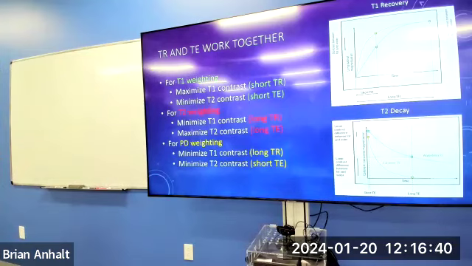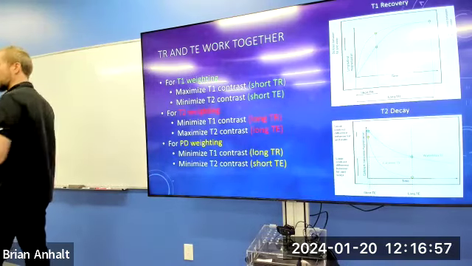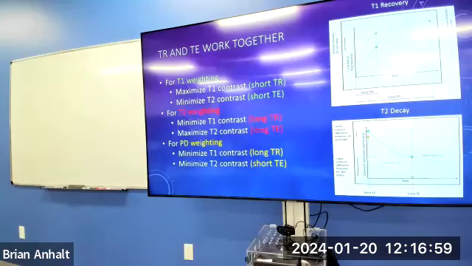Short TR, what is that? That's rapid fire RF excitation pulses, right? What happens when we excite again? What happens to the longitudinal component of magnetization? It doesn't fully recover, right? So tissues with long T1 times that take a long time to recover are going to get saturated, not produce a lot of signal.